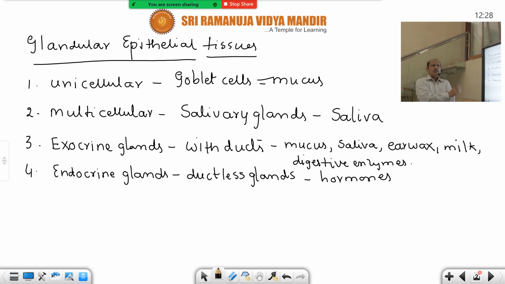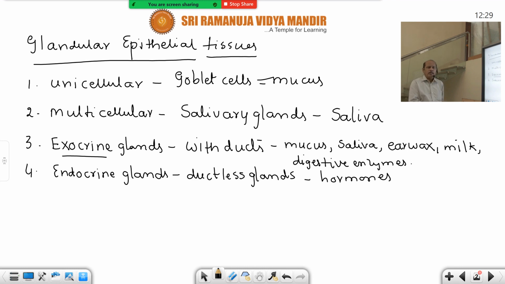If no gland is damaged while releasing secretions, merocrine, pancreas. And in the holocrine glands, the total gland is also damaged along with secretions. That is holocrine, sebaceous glands. So these three come under the exocrine category.